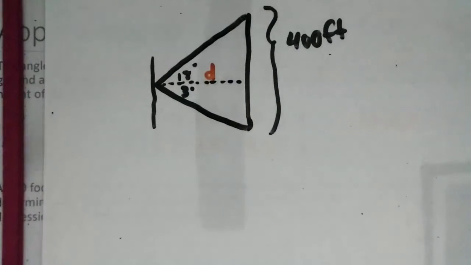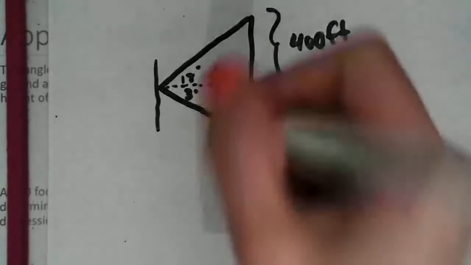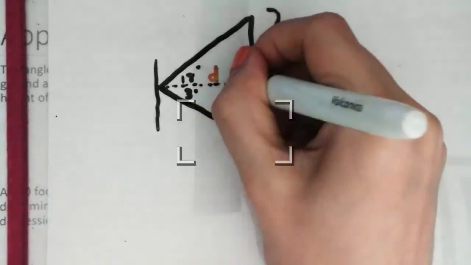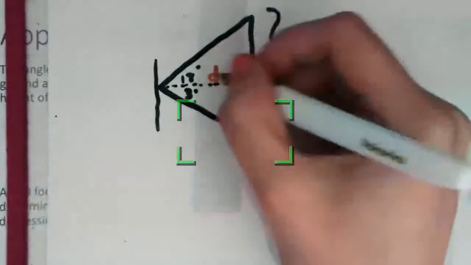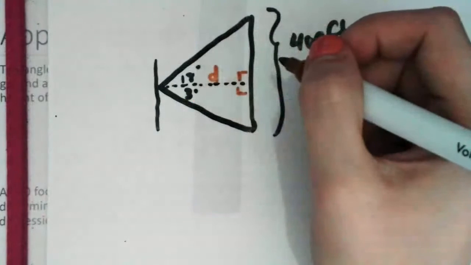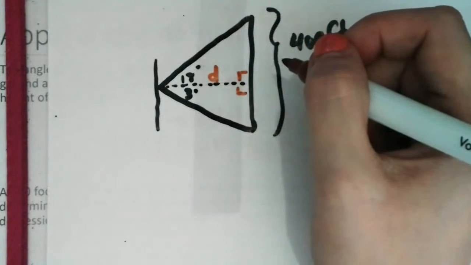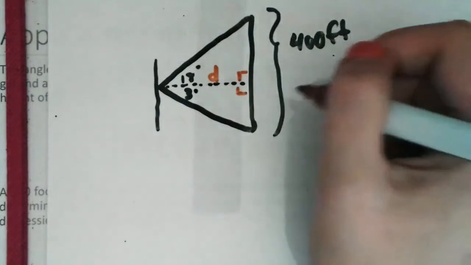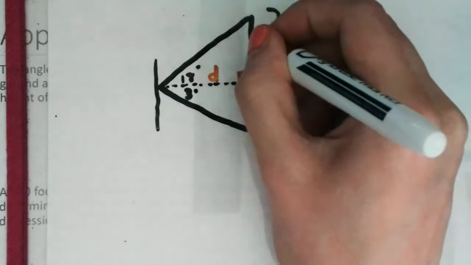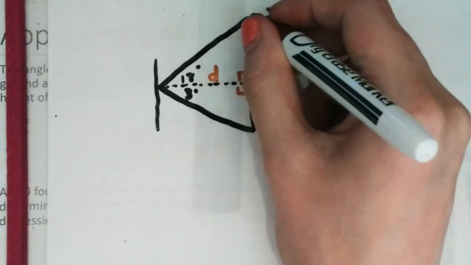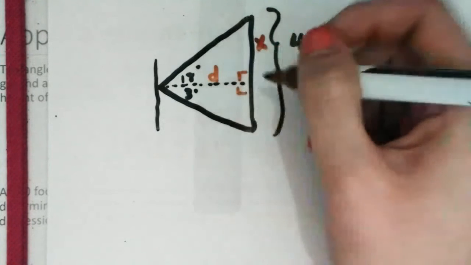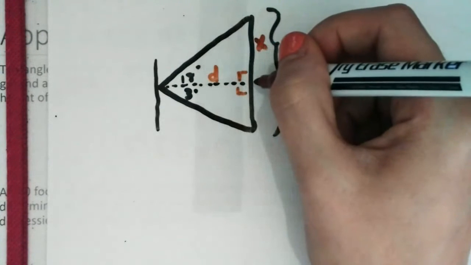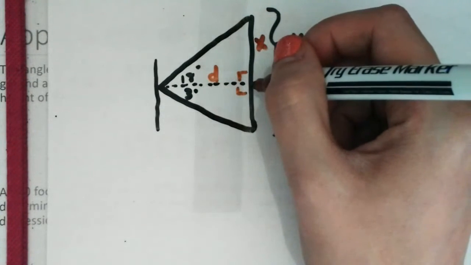Well, let's see if we can come up with any equations here. So it looks like I have 2 right triangles, one here and one here. So let's see if I can work with this top one. I really don't have a whole lot to work with. So let me say that this top part is X, from the top of the monument to the horizontal place where the person would look just straight out the window.